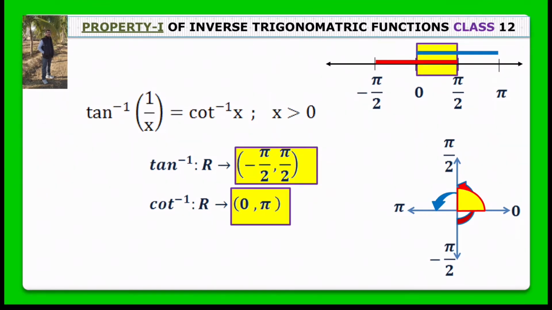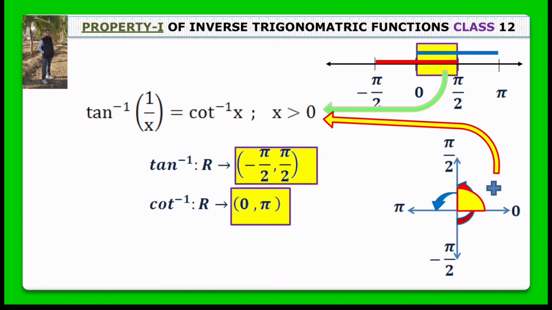We know that in the first quadrant, 0 to pi by 2, when the angle is between 0 to 90, the value of all trigonometric ratios or all trigonometric functions will be positive. It means here the value of x will be positive. That's why we have taken the value as positive, because these two functions are defined on this part only, they have a common portion or common principal value branch.